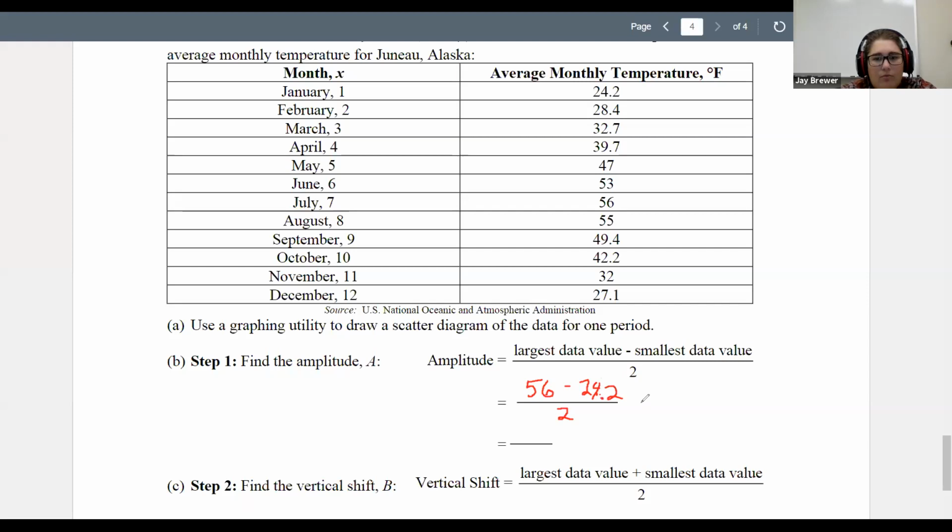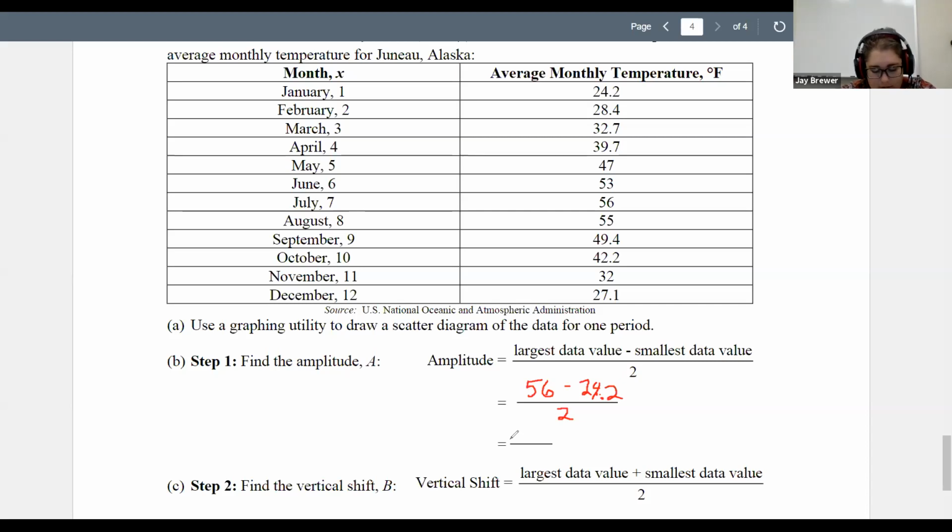When you work that out, what do you get? Yeah, like 31.8. And then go ahead and divide it by 2. Wait, that was the total. Sorry. That was your total? Yeah.